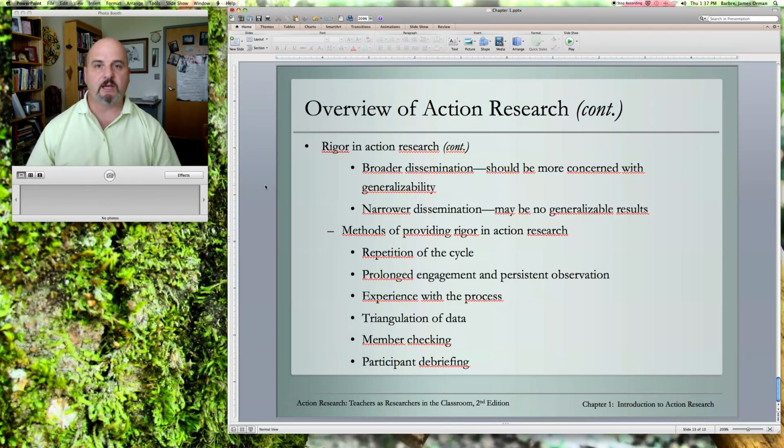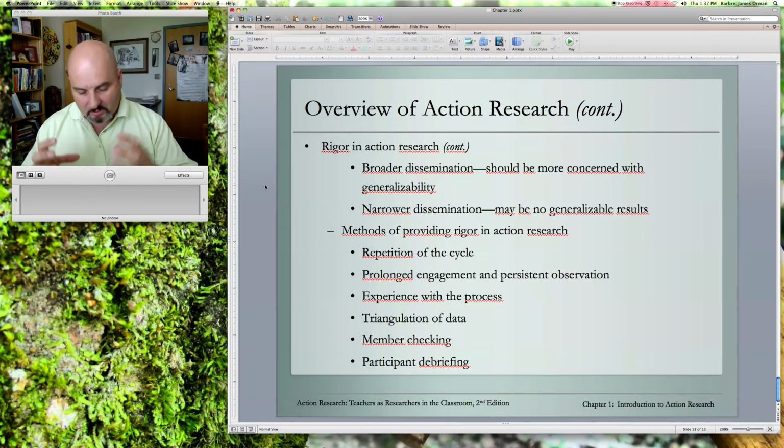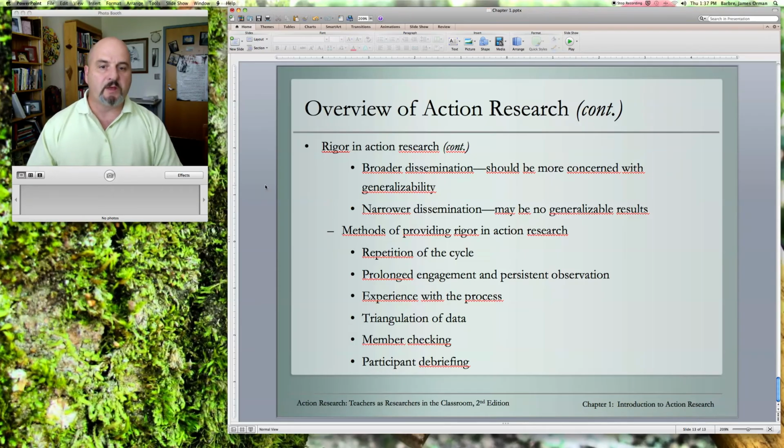But it may give the educator something to think about, some element that they hadn't considered before. So, even though action research is time and context bound and it's set within a specific context, there are still very good reasons for disseminating it. Okay? So, what are some methods for providing rigor to the process?